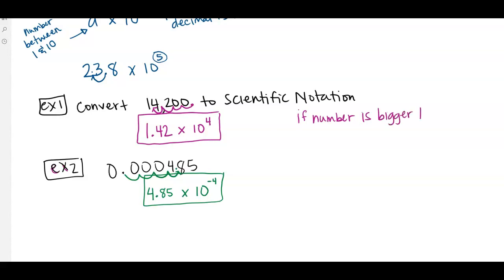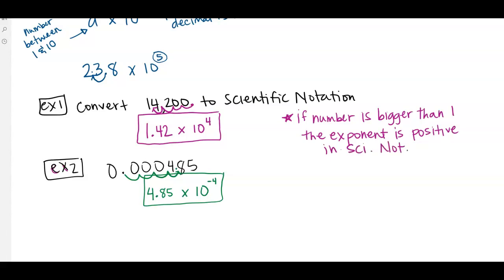Quick question. If the number already is smaller than 1, like this one, it's going to be negative because we have to move it. Will that always be the case? Yes. That's what I was going to try and write down here to the side. So if the number in just regular notation is bigger than 1, then the exponent is positive in scientific notation.